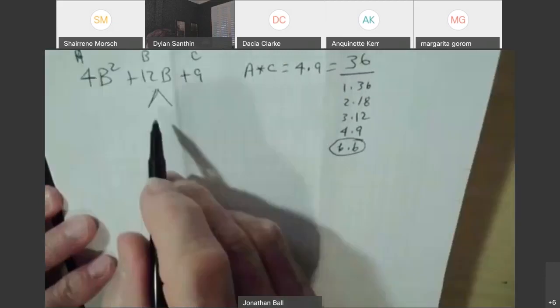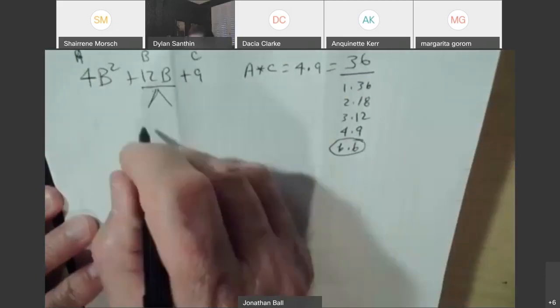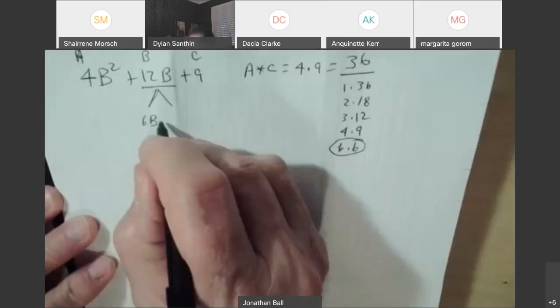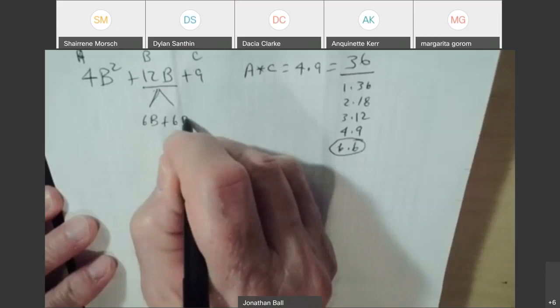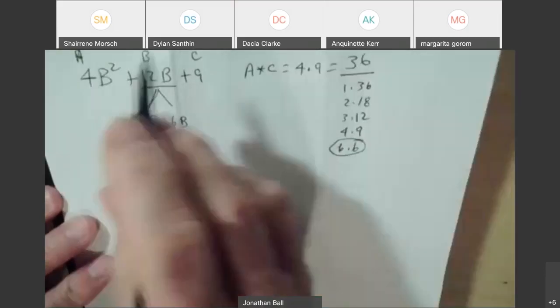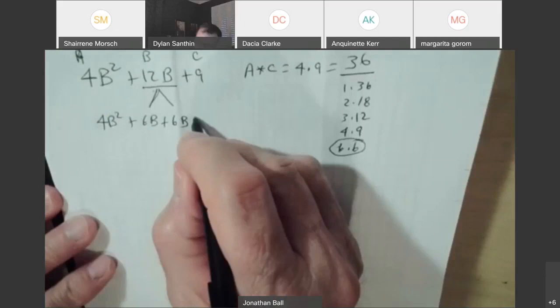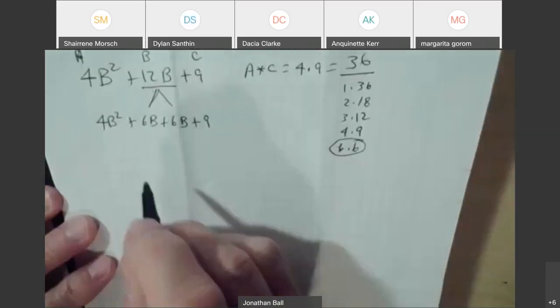That's all we're doing here, we're taking the linear term and splitting it up into 6b, 6b, right? So we have 4b squared plus 6b plus 6b plus 9. Now we group these together.